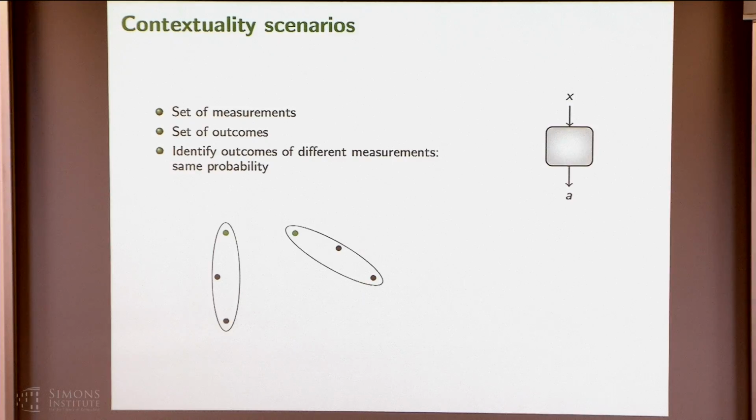If that's the case, then we will identify those two outcomes, or say that they correspond to the same event, and then we will have a situation like this. Now we have two different measurements, but some of their outcomes have been identified.